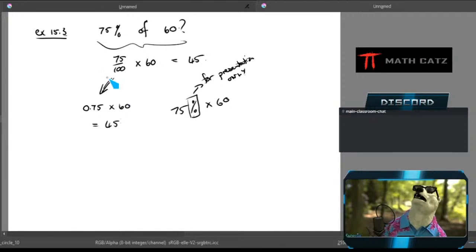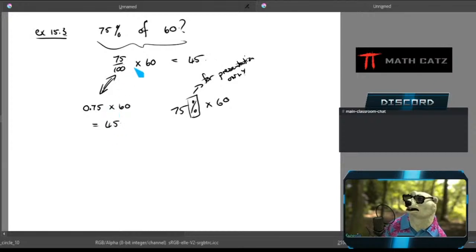I want to actually be okay with either one of these. I want to be able to flip back and forth. Decimal version, fraction version, they're the same thing. It's equivalent. But if you don't love the look of fractions, you feel it's a lot of work to write the line and then the 100. Whew, that's 4 different things I have to write down. You can save some time by going the decimal route instead.